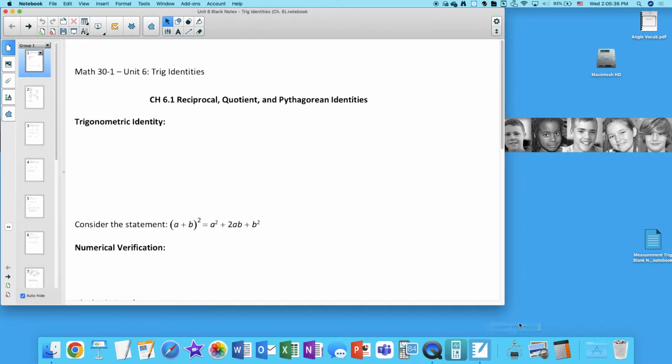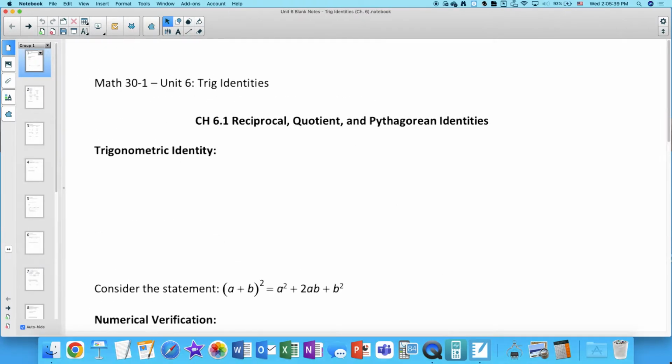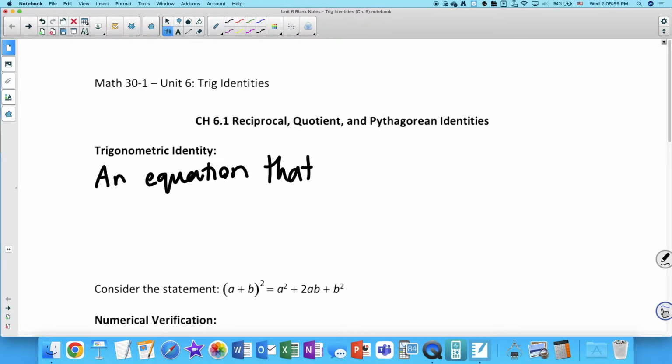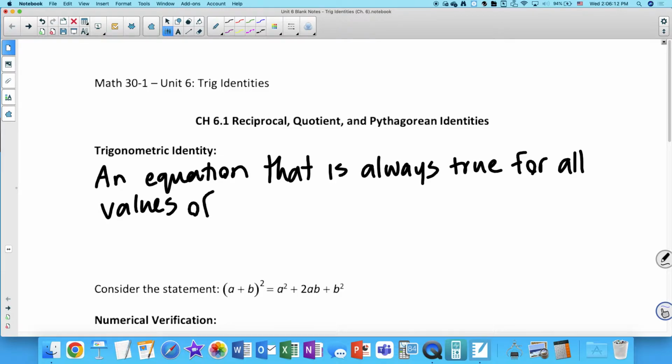Trigonometric identity. So let's just start with what an identity is. An identity in mathematics is an equation that is always true for all values of all variables.